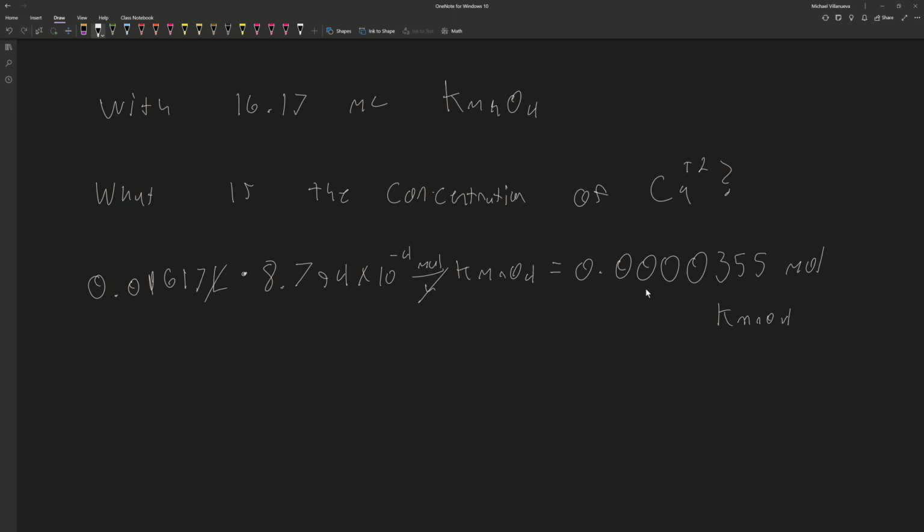So at this point, we have, whoops, wrong number. That's the next equation. 1.422 times 10 to the negative fifth moles of KMnO4.